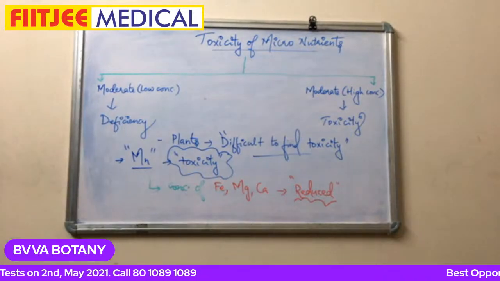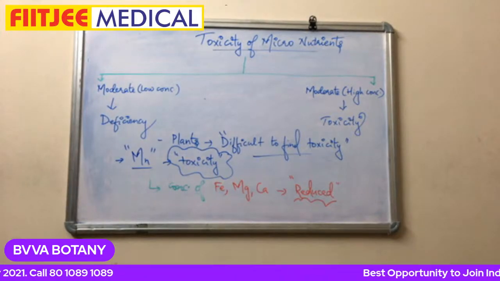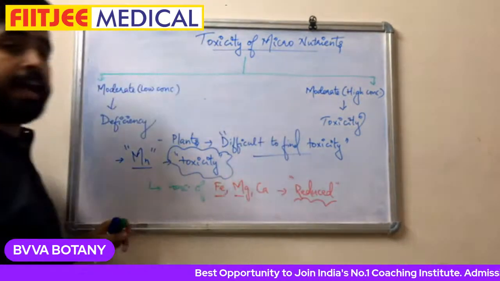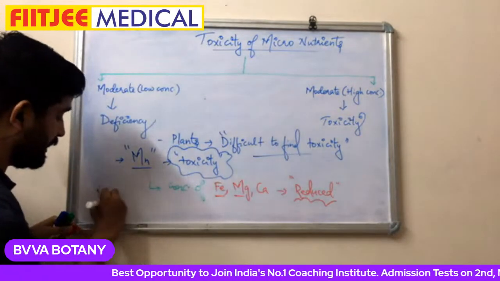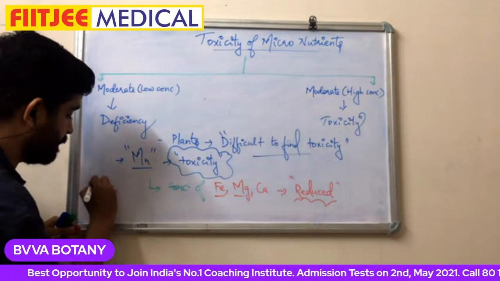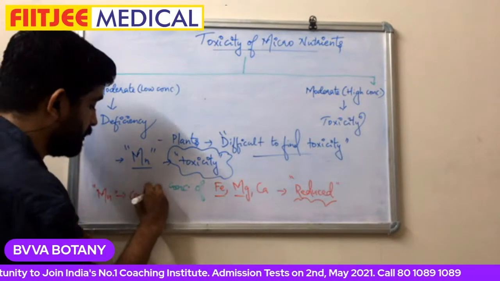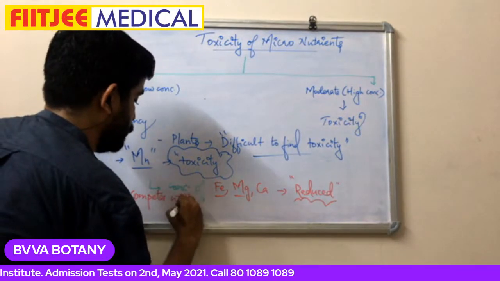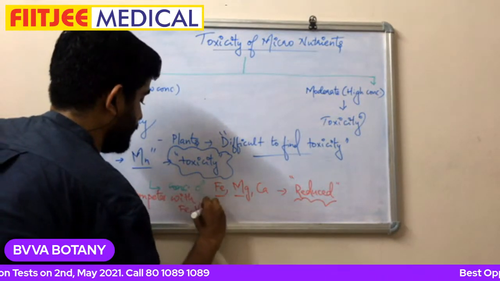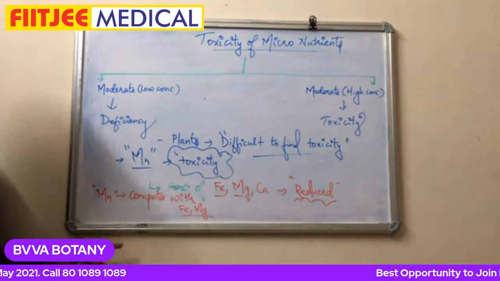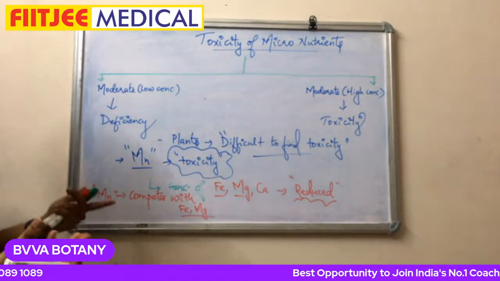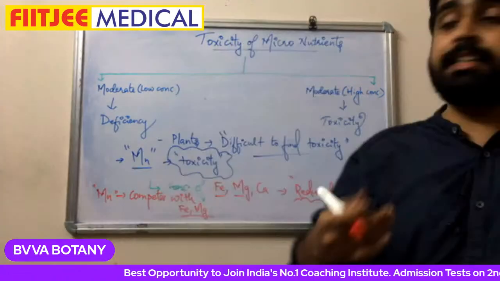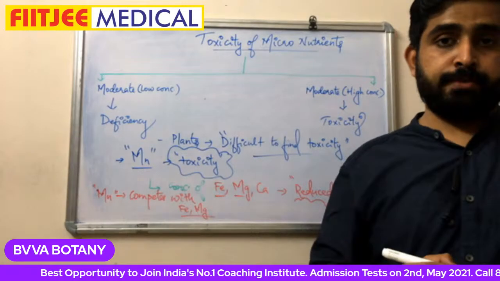These three elements. So what is the reason for that? The probable reason is that manganese will actually compete with iron and magnesium while intake. So obviously more manganese intake can result in reduced intake of iron and magnesium.